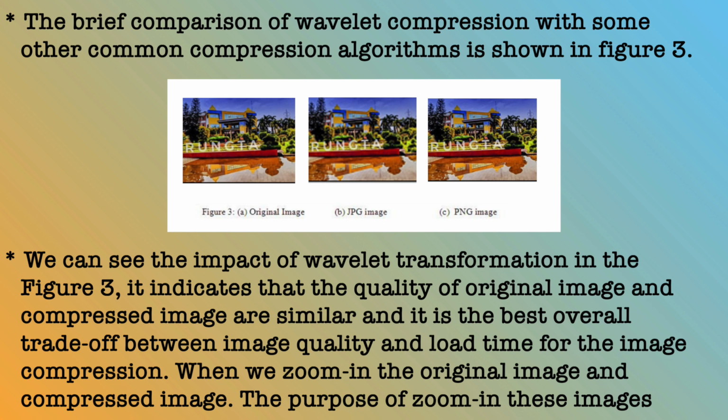When we zoom in on the original image and compressed image, the purpose is to compare the image quality pixel by pixel. From figure 3, it clearly shows these images have no perceptible distortion even though they are compressed with level 3 of the decomposition. No image data is lost during the higher compression.